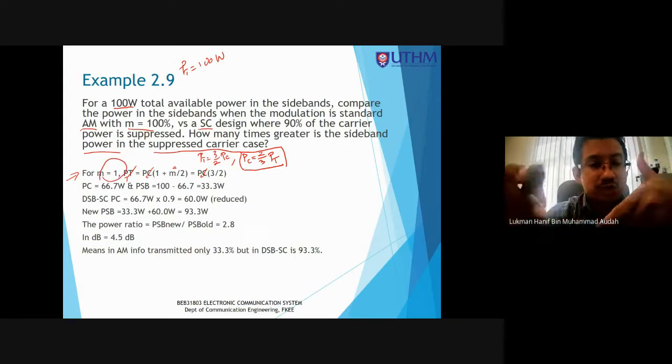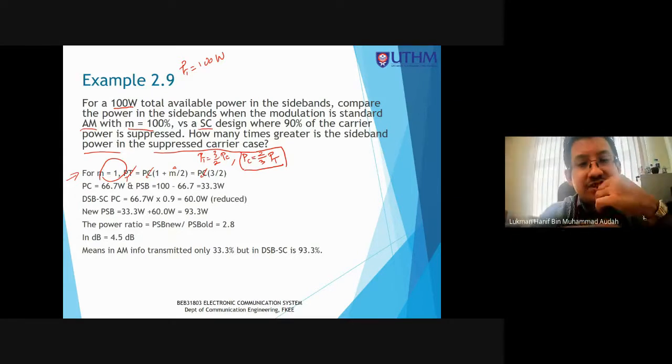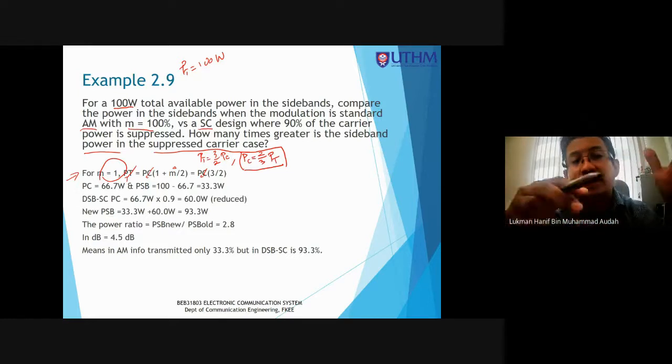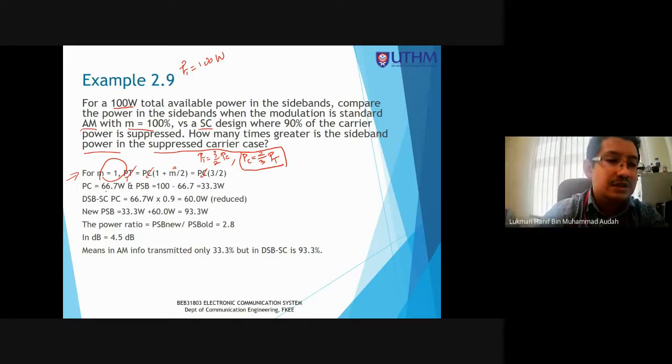Okay, ini kalau you masukkan dalam equation, you akan dapat macam ni lah. Okay, so kalau PC 2/3 daripada total, 2/3 daripada total bermakna 66.66666, so dia jadi 66.7. So 2/3 daripada 100 watt adalah bersamaan dengan 66.666 ataupun 66.7.